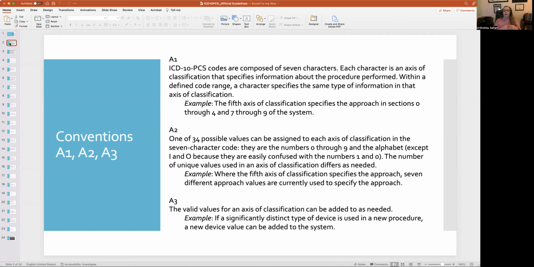They are directly issues that affect the whole entire code set. So for example, A1 is reminding you that all ICD-10 PCS codes must have 7 characters. Not 4, not 6, not 10, ever.